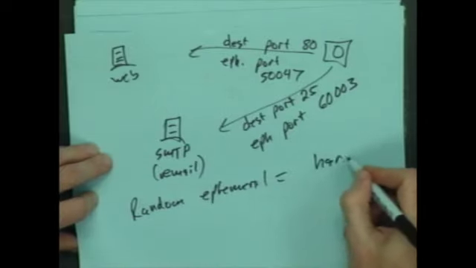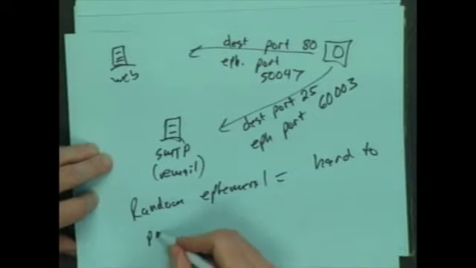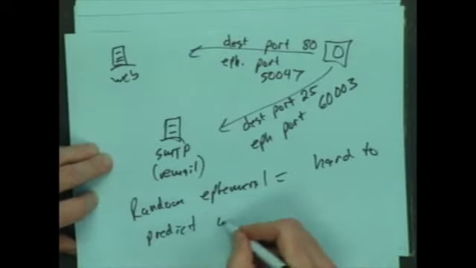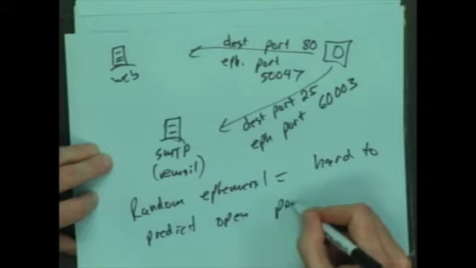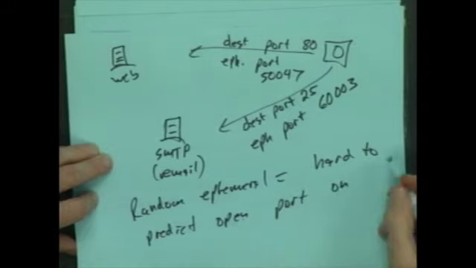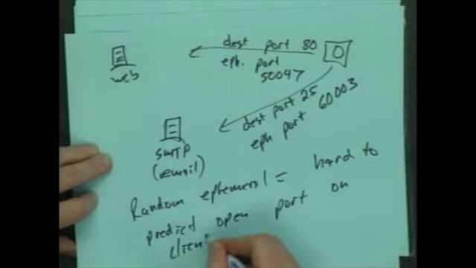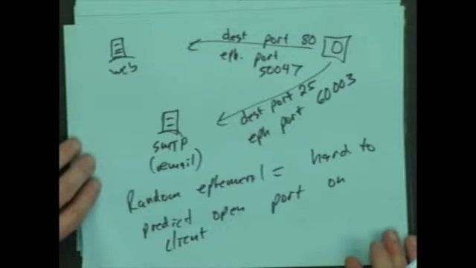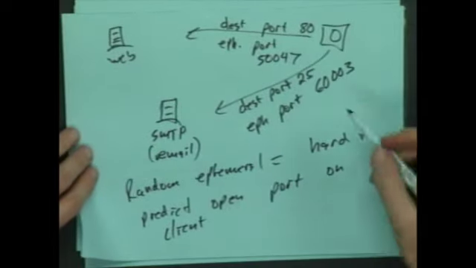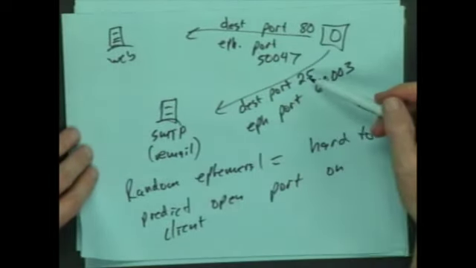So the random ephemeral port means it's hard to predict the open port on the client, because we don't want people sending bad information. This stuff can all be faked, I guess, as I want to emphasize here.